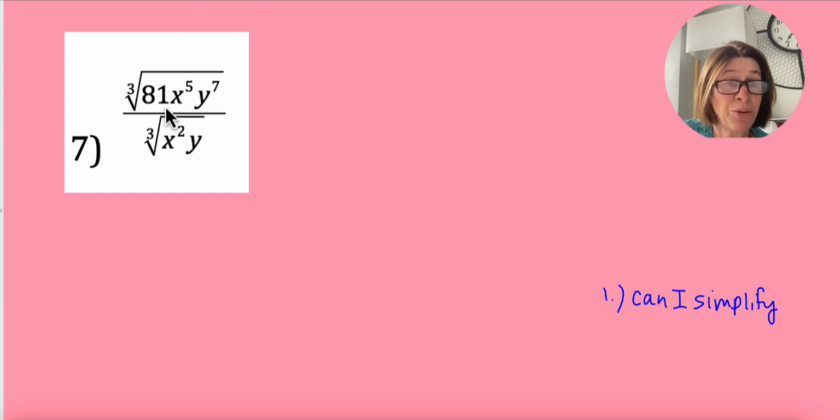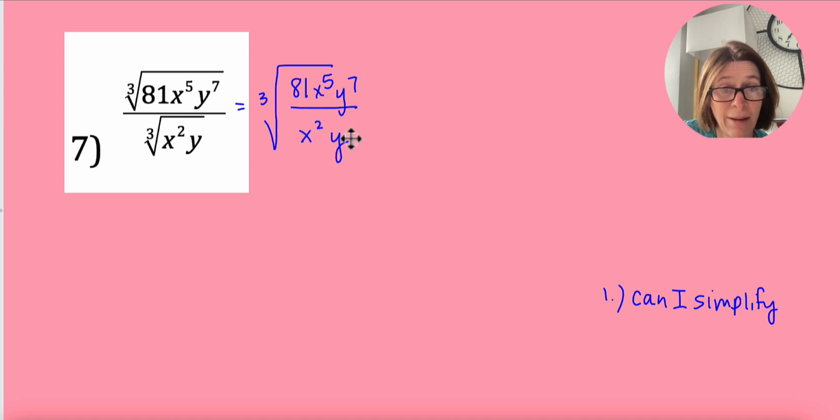All right, so yes, you can, because remember, another way to think about this is this. It means the exact same thing. Okay, so that means we bring the smaller to the larger and subtract. And so that's going to give me the cubed root of 81, x to the 3rd, y to the 6th.